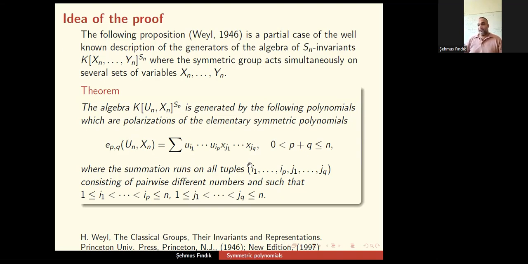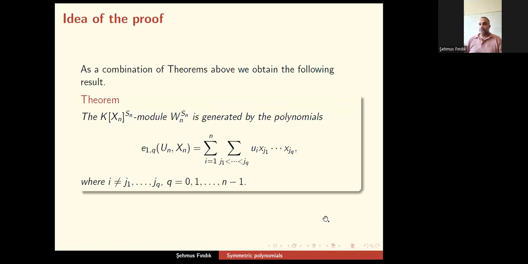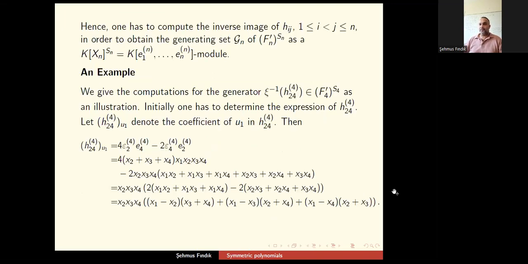But in our Read product, since Ui times Uj becomes 0 because of the metabelian identity, this reduces to this theorem.